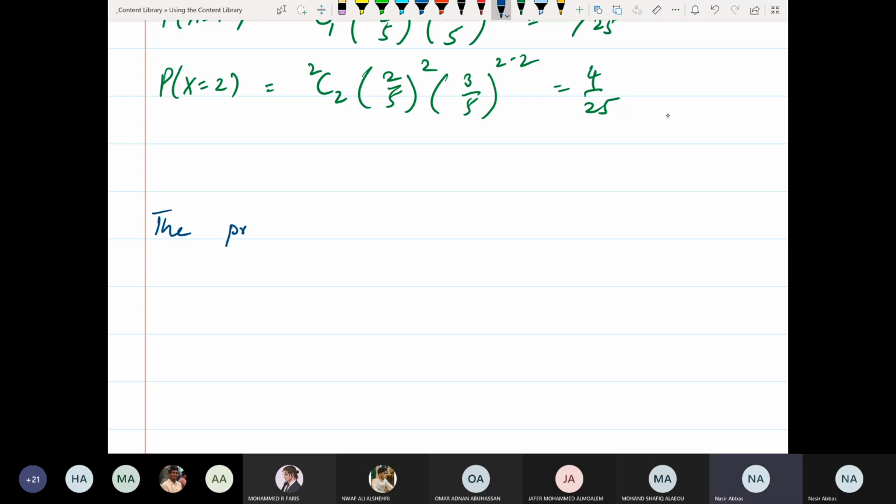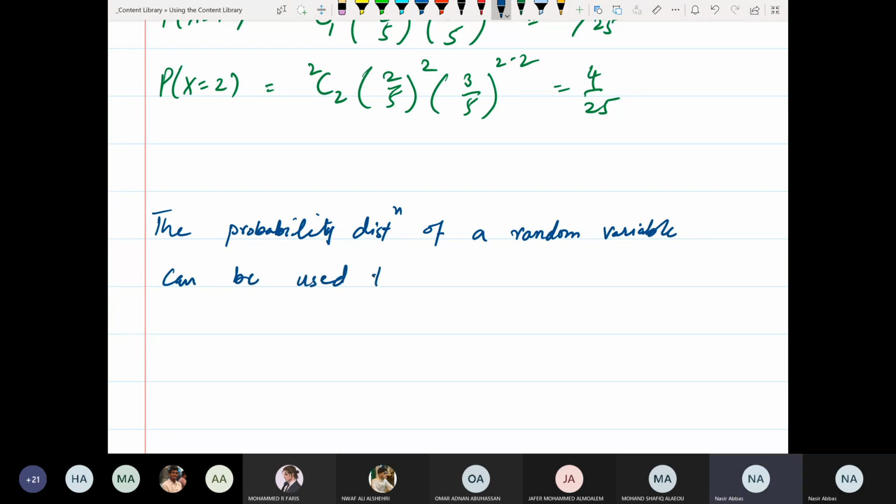The probability distribution of a random variable can be used to find many properties of that random variable.